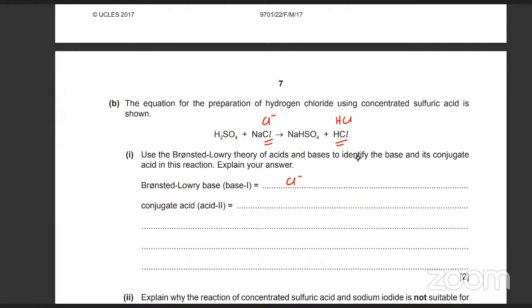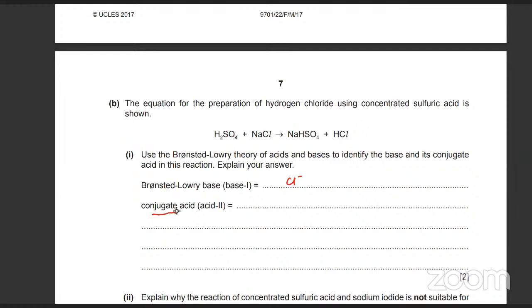He just wanted to identify the base and the conjugate acid as well, and you have to explain your answer. So which one is the acid? Now he's talking about the conjugate acid. The word conjugate basically refers to the reaction in the reverse direction.